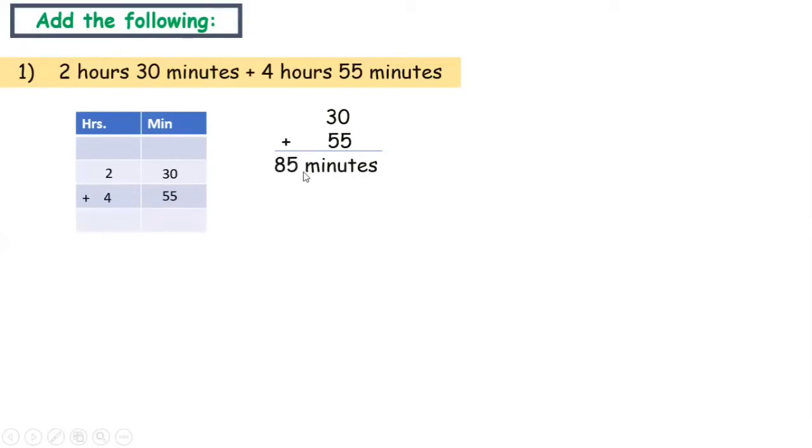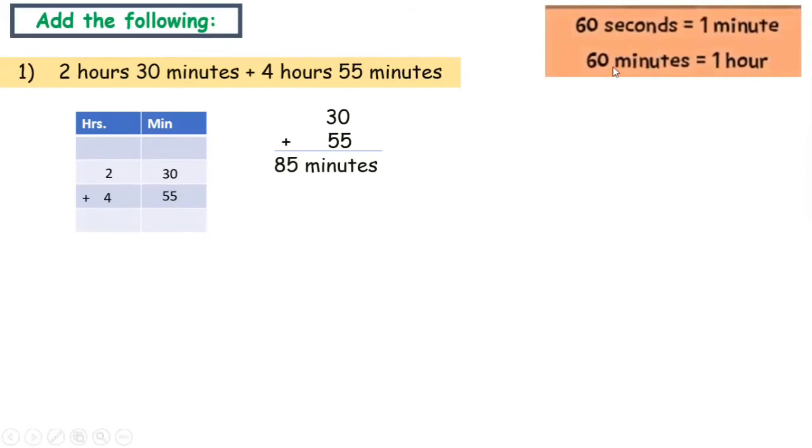Now we know that 60 seconds is 1 minute and 60 minutes is equal to 1 hour. Now here we have 85 minutes. That means it is more than 60 minutes. So we have to write 85 minutes in terms of 60 minutes plus the remaining.